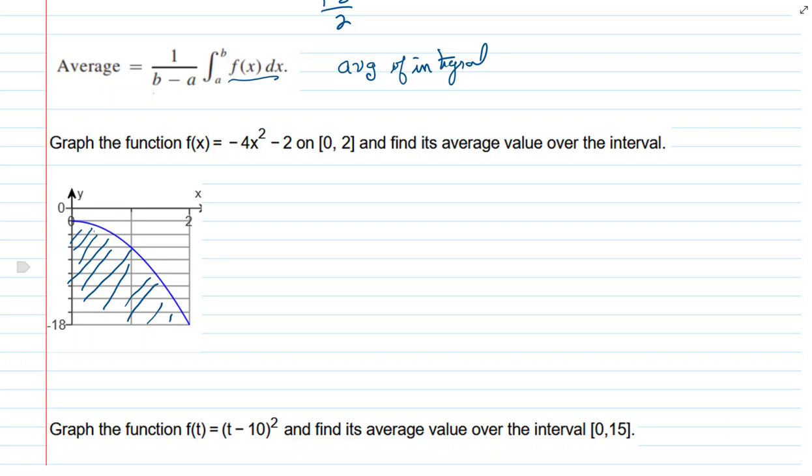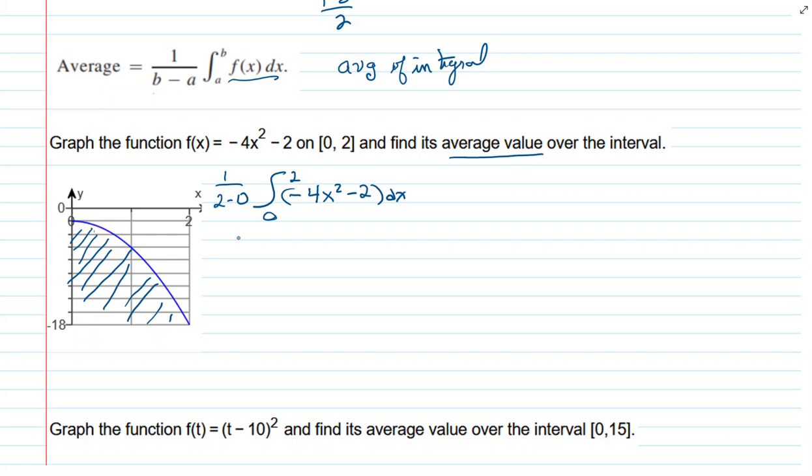And we're given the function and a parameter. So we want 0 to 2, x squared minus 2 dx. And so we want 1 over 2 minus 0.